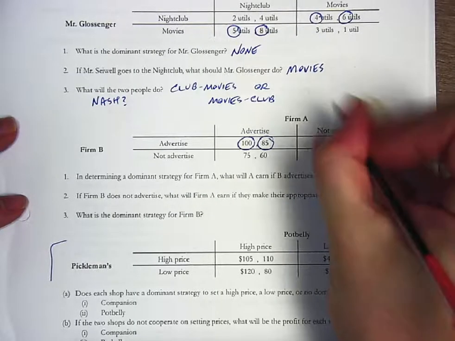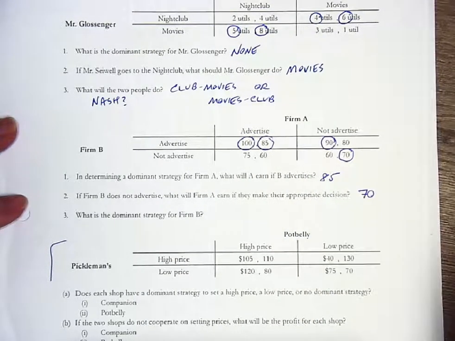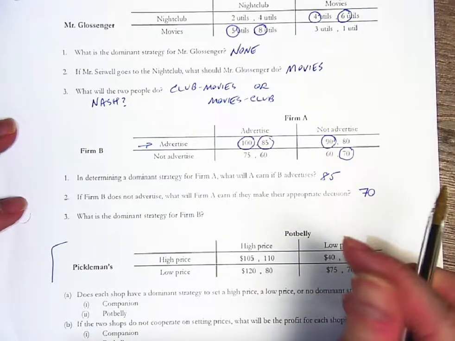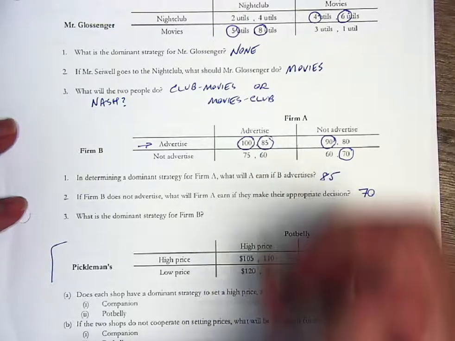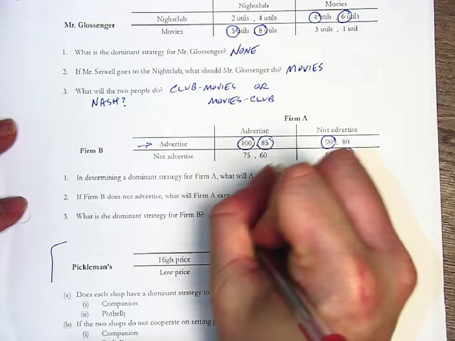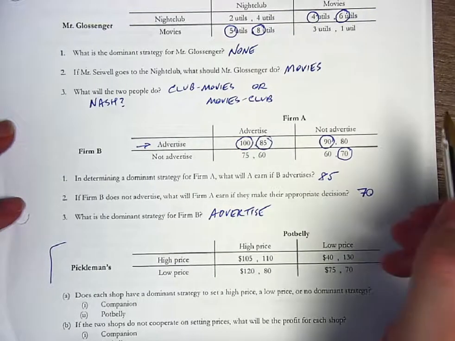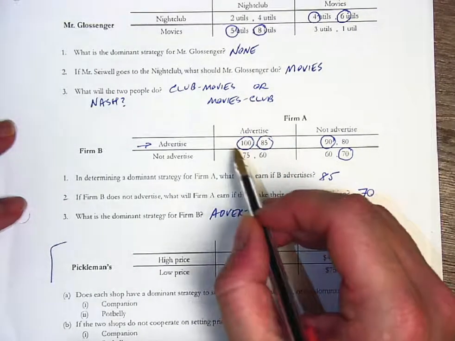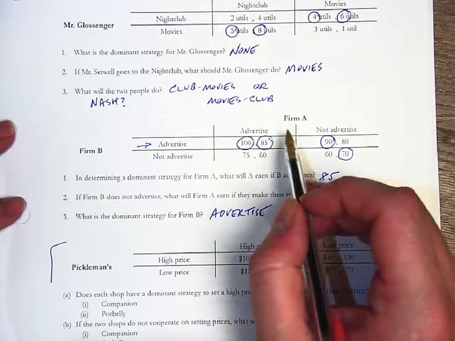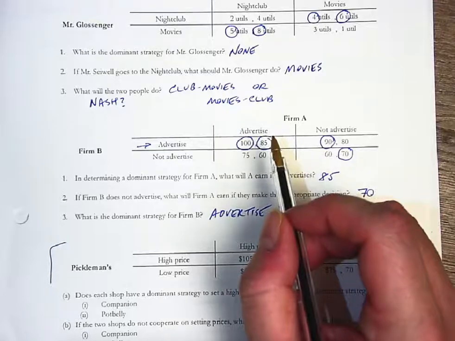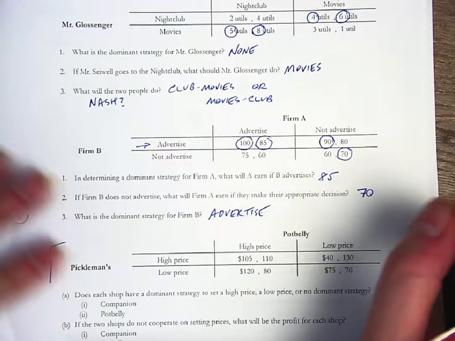So B is going to choose 90. So B clearly has a dominant strategy to advertise, because their payoffs are higher either way. And so we know also that the Nash is for them to both advertise, because neither one will deviate from advertising so long as the other continues to do so.